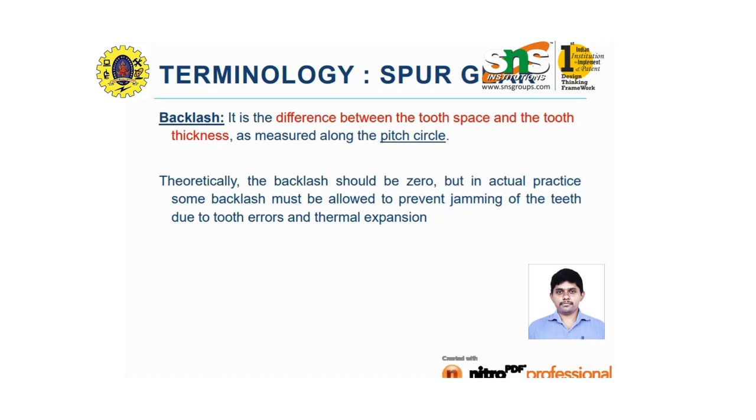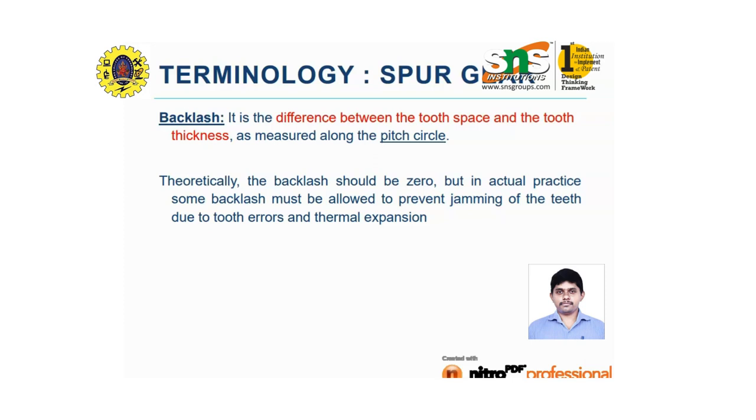And theoretically the backlash should be 0, because if the backlash is more than 0, it means jamming of the gear will happen. It doesn't make any kind of motion and also it cannot transfer any kind of motion. So that is the meaning of backlash values.